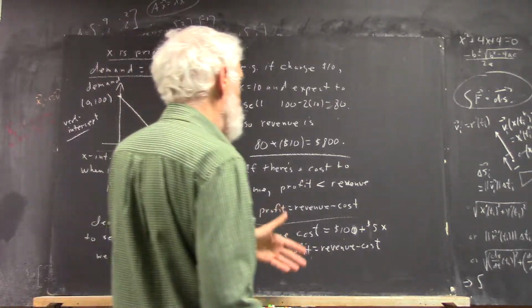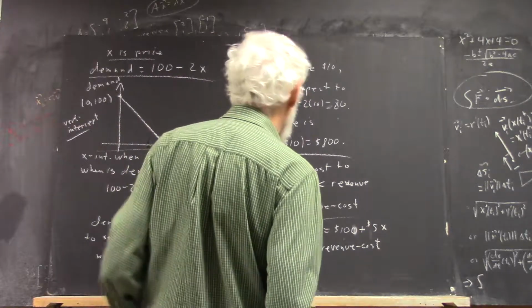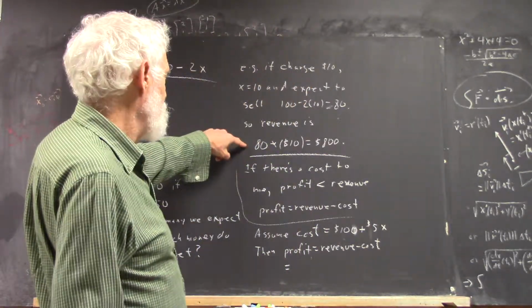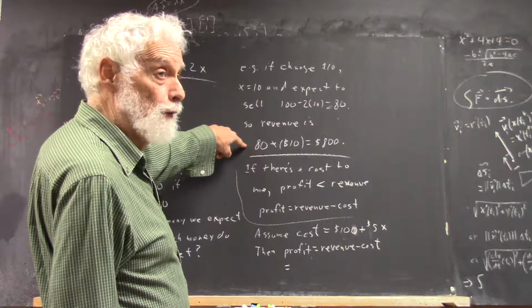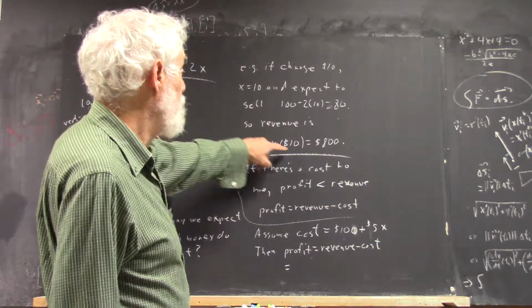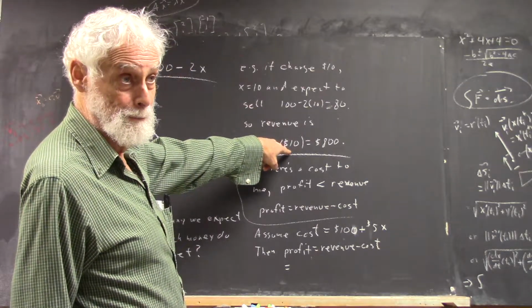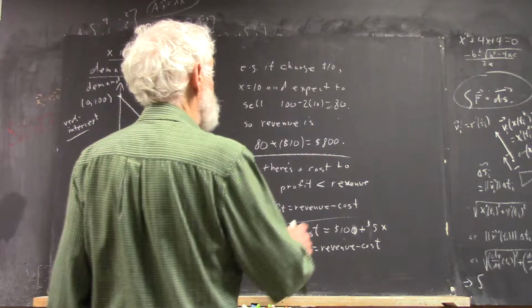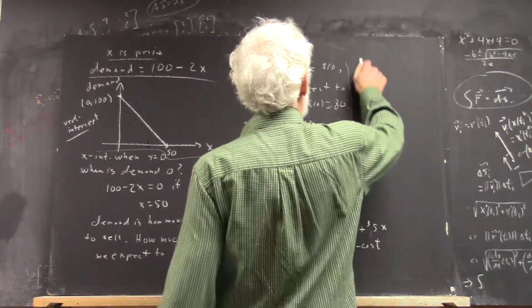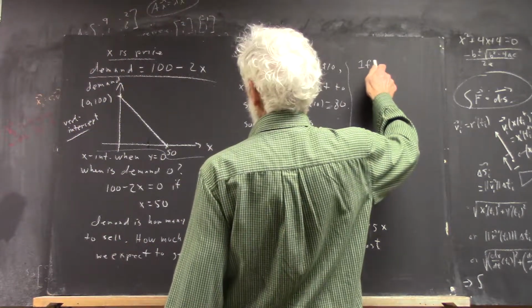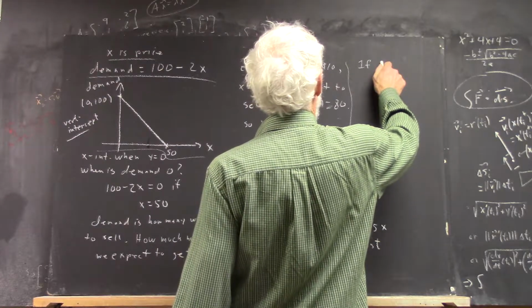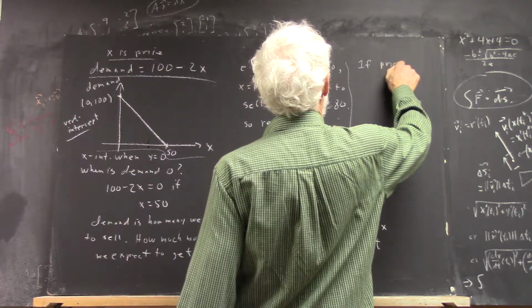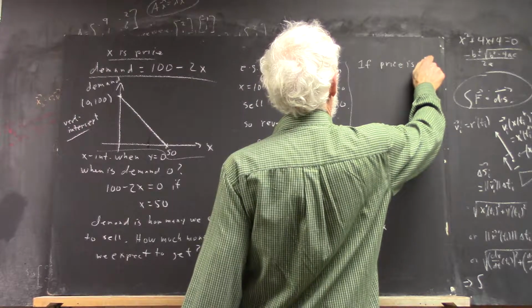Okay, so profit is revenue minus cost equals what? Well, we haven't finished seeing what the revenue function is. We only know the revenue if I sell 10, right? So we can work this out.